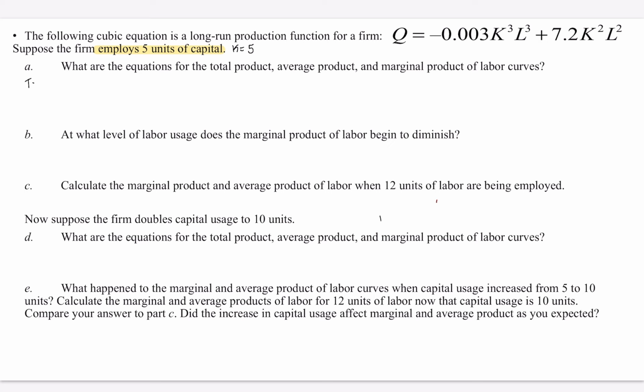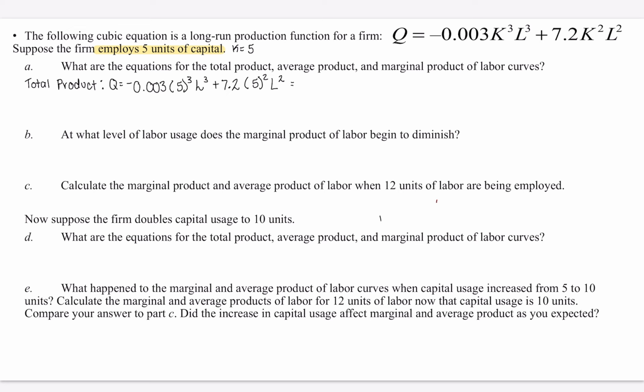So our total product is going to be Q equals, and we are just going to substitute 5 in everywhere we see the K. So negative 0.003 K to the third, L to the third, plus 7.2 K squared, L squared.